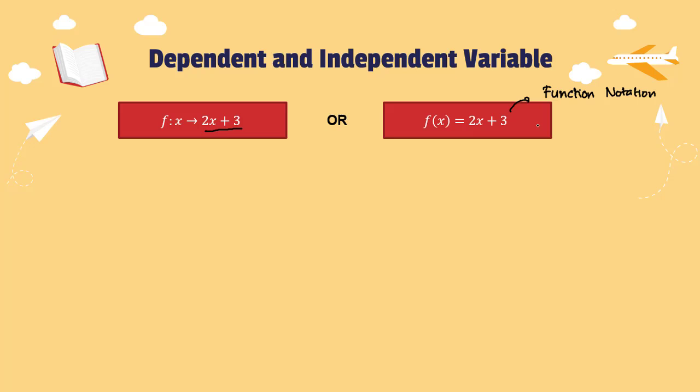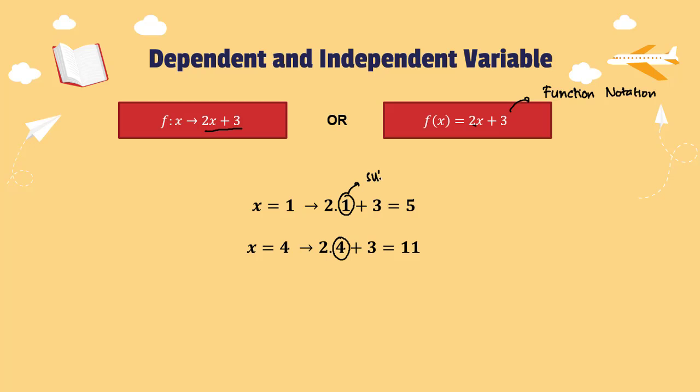If we do a substitution for x with any number, and for the input I use x is equal to 1 and 4. After substitution, for x equal 1, 2 times 1 plus 3 is equal to 5. And for x equal 4, we get 2 times 4 plus 3 is equal to 11.